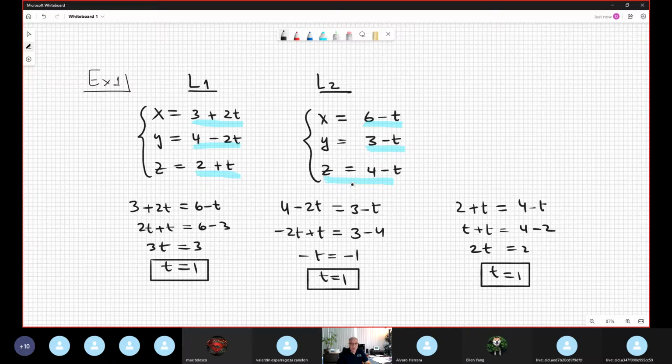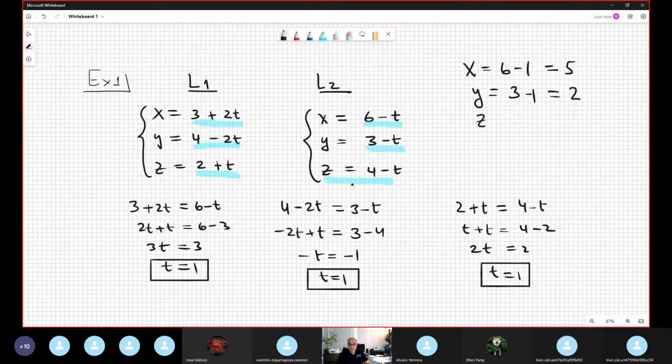To find the intersecting point, you take either set of parametric equations and plug in t equal 1. Suppose I take line 2. Then obviously x is equal to 6 minus 1, that is 5. y is equal to 3 minus 1, that is 2.